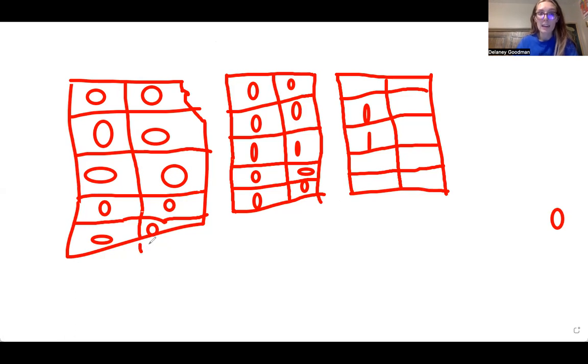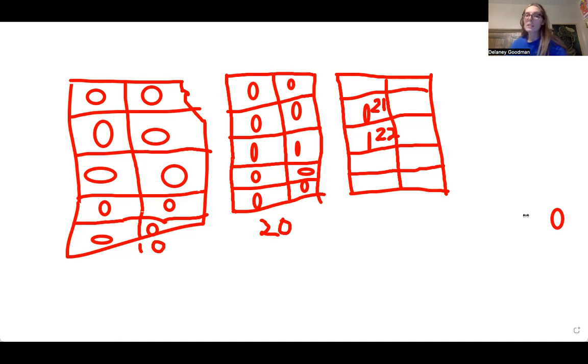So I have 10, 20, 21, and then 22. Okay? So I know that Hayden has 22 grapes because he had 23. He ate 1, so now he has 22.